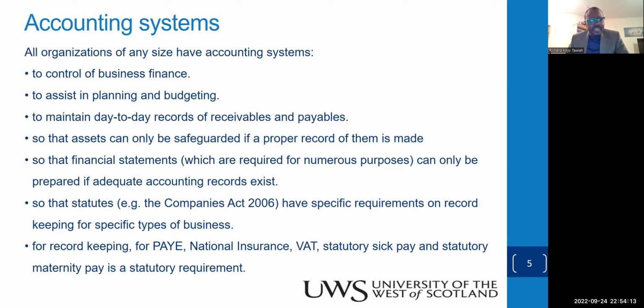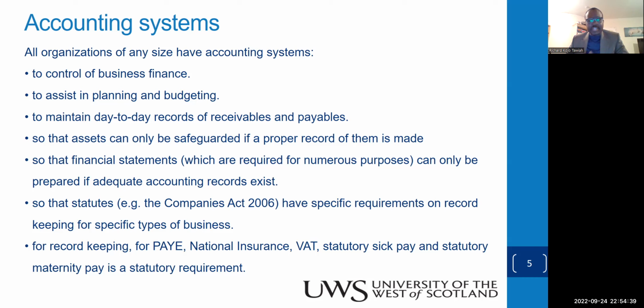Again, the accounting system helps us to also prepare our financial statements accurately in line with the required accounting frameworks or reporting frameworks. It also helps us to comply with any mandatory regulations or statutes like the Companies Act 2006 or any listing requirements like compliance with the UK Corporate Governance Code 2018.